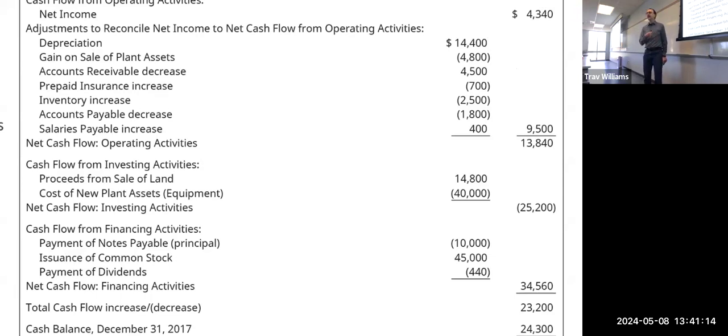So we paid down some notes payable that we had, $10,000. That was, we'll go back, let's see. I think that was from the land that we sold. Let me try to go back to a previous page and see that.